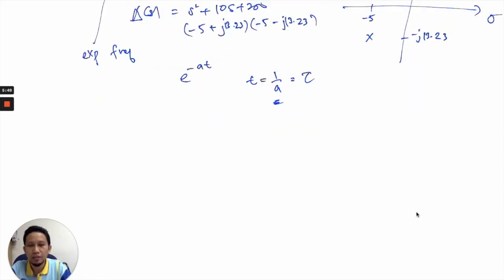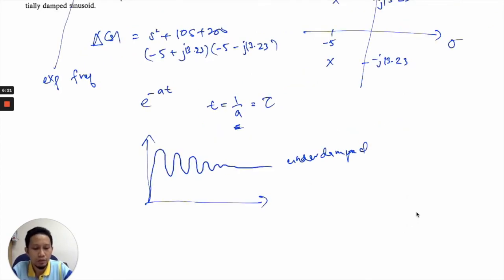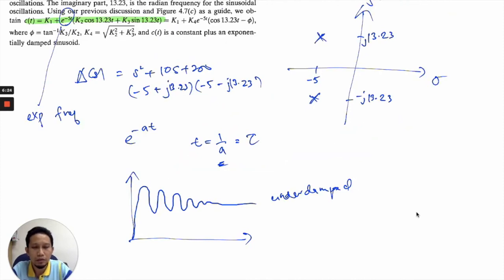So we can say this system is underdamped. Underdamped means the system will behave something like this, a damped oscillation. How do I know it is underdamped? Because the pole location is in this region.